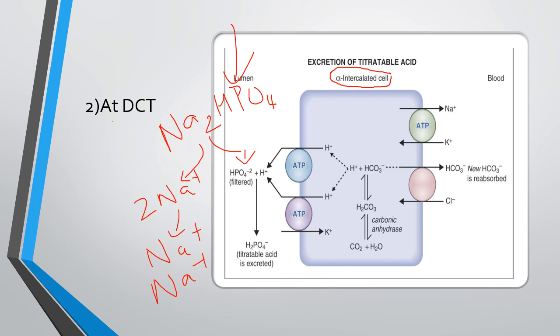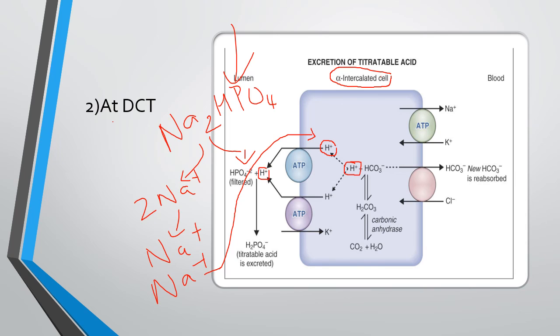So what happens here is, again in the cell, the same reaction occurs, forming bicarbonate and H plus. This H plus is transported out with the sodium hydrogen antiporter into the lumen, and Na plus goes back into the cell. So this H plus is now present in the lumen.